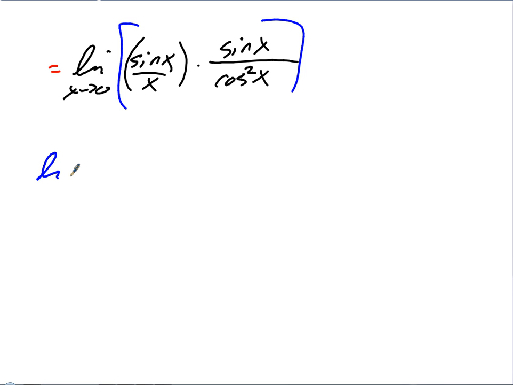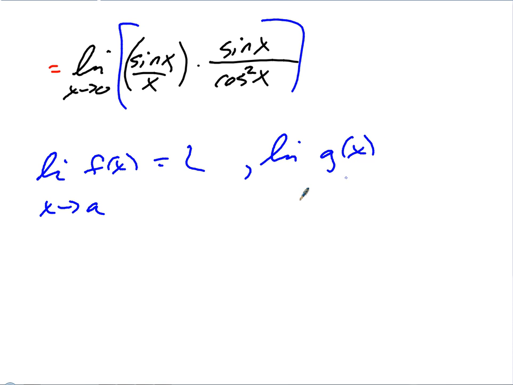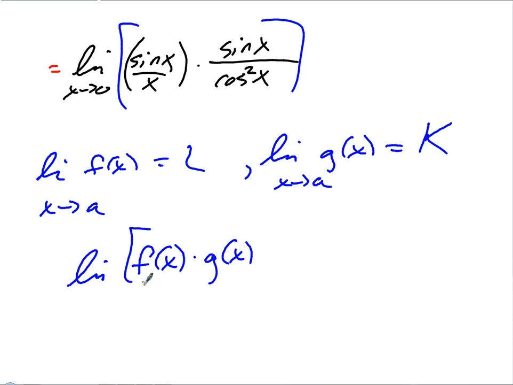If the limit of f of x as x approaches a is L, and the limit of g of x as x approaches a is k, then the limit of f of x times g of x as x approaches a is what? Yeah, it's just L times K, isn't it?